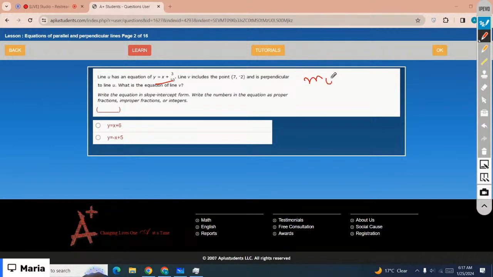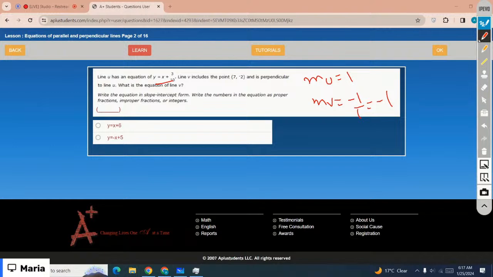The slope of line U is 1, right? So the slope of line V is the negative reciprocal because they are perpendicular. So that is negative 1 over 1, that is negative 1. Now you have the slope, you just have to calculate the y-intercept.